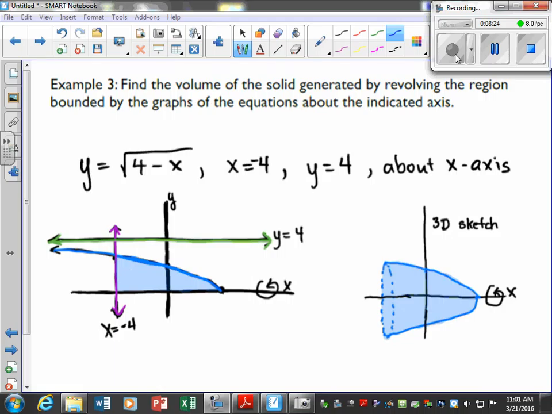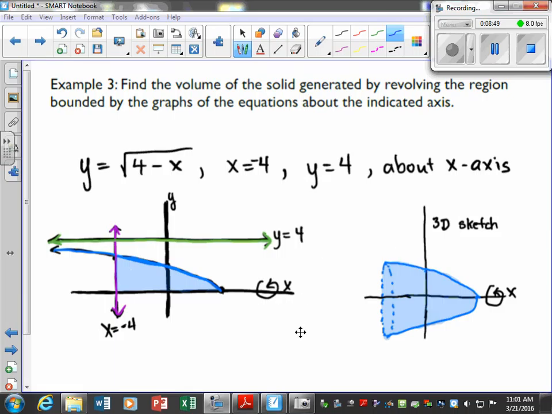Okay, so the first two, we just set them up. The next example, we're going to actually find the volume. You're going to be given this information, and you're going to be asked to draw the sketch. I've provided the sketch for you just for the sake of time and not having to draw it out, but basically you can graph these in your graphing calculator or by making an XY table. Revolve this about the x-axis.